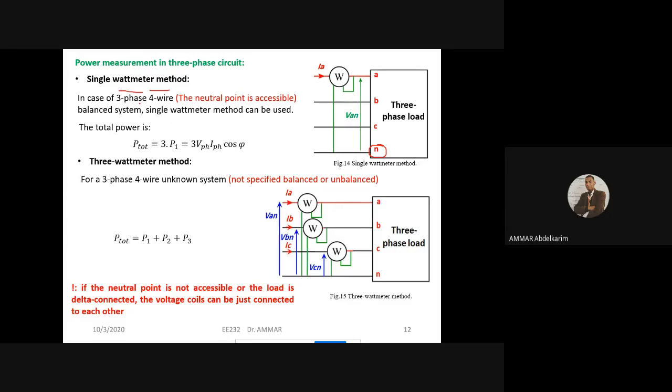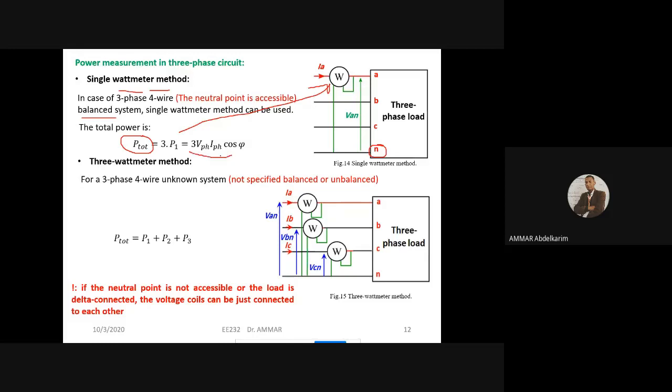In case of a three-phase 4-wire balanced system, a single-phase wattmeter can be used. So the total power P total equals 3 P1, 3 times the power measured in the first phase.